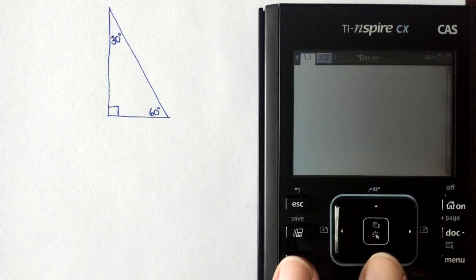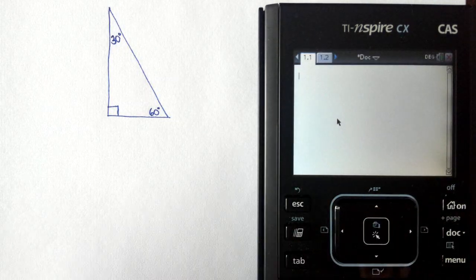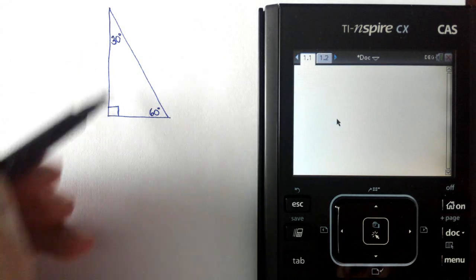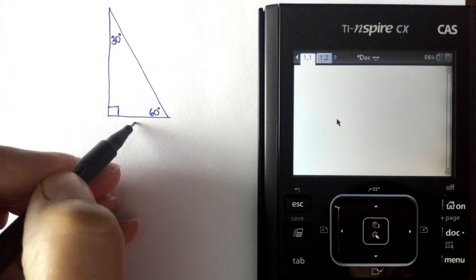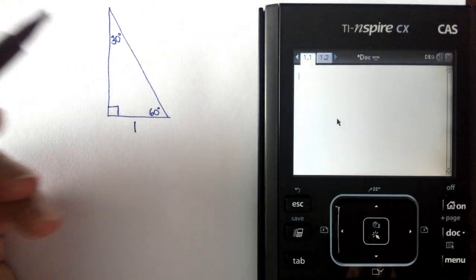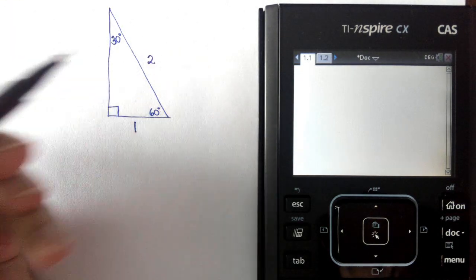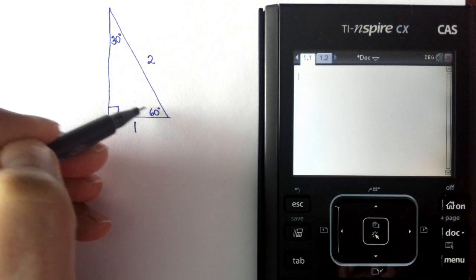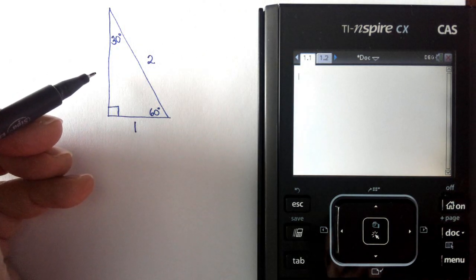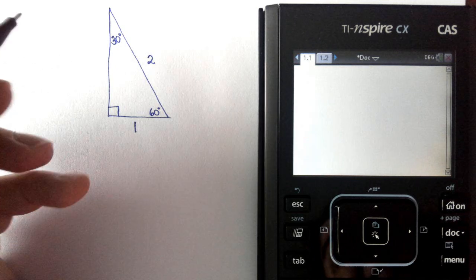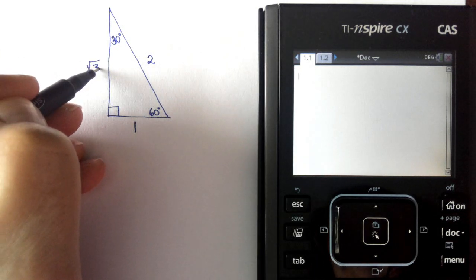And I know from my studies of section 8.2 that the short leg, which is opposite the 30-degree angle, is going to be 1. The hypotenuse, the longest side, is 2. And then opposite the 60-degree angle is the middle-sized side, which is the square root of 3.